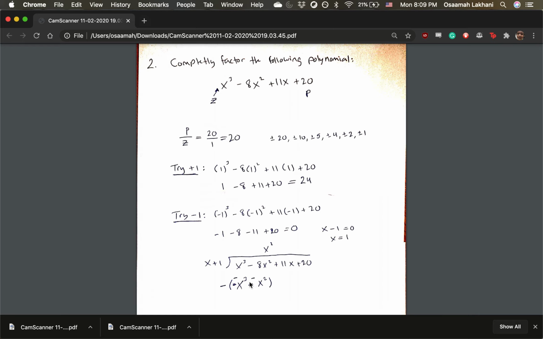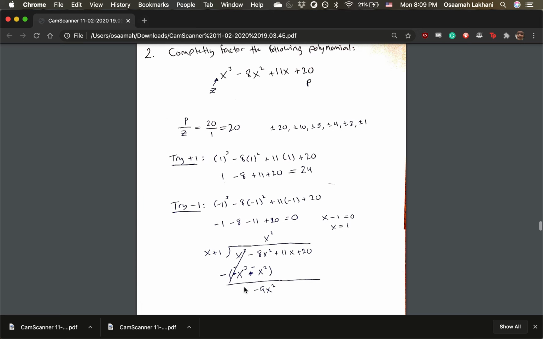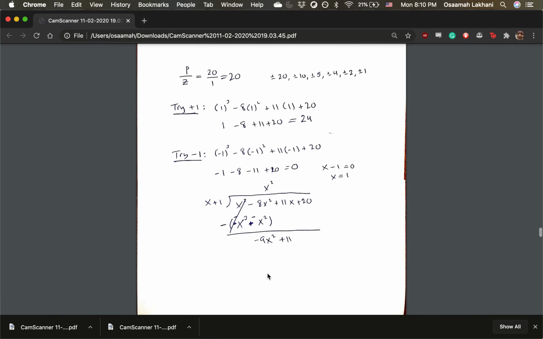Once you do this, it's perfect, because then the plus x cubed and the minus x cubed can cancel out with each other. That's what I've done here. I crossed them out, and then I did negative 8x squared minus x squared, which is negative 9x squared. I also brought down the 11 from up here, so make sure you keep bringing it down.